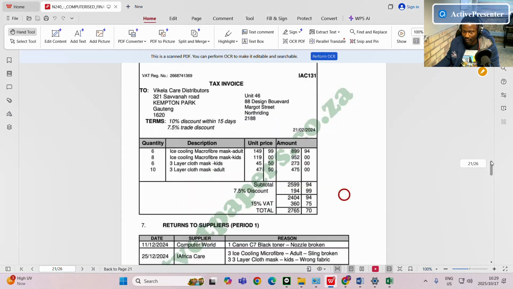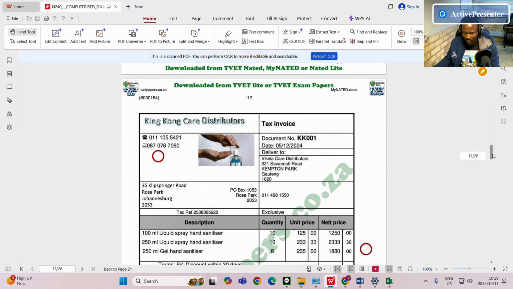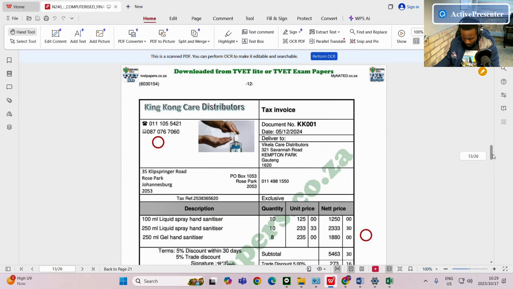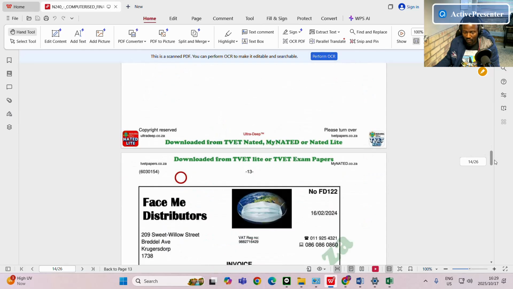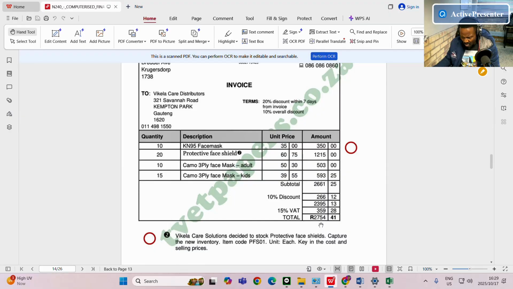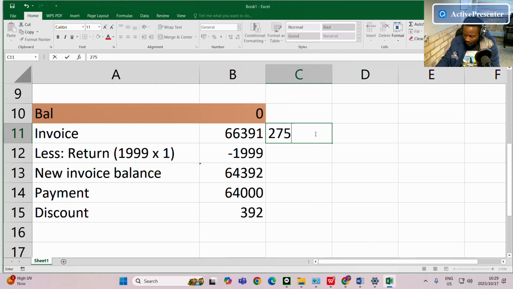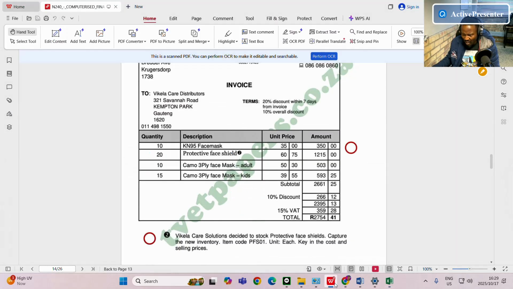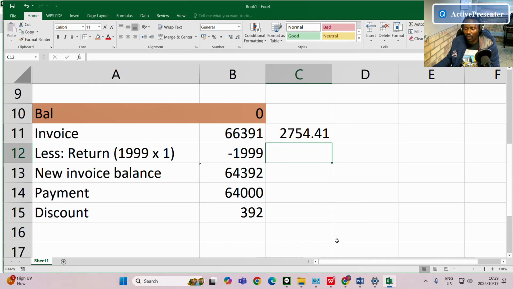Do I have an invoice for Face to Face Meat Distributors? Yep, here's the invoice, 2,754. So I'm just going to write it here, 2,754.41. So this is the invoice, okay?